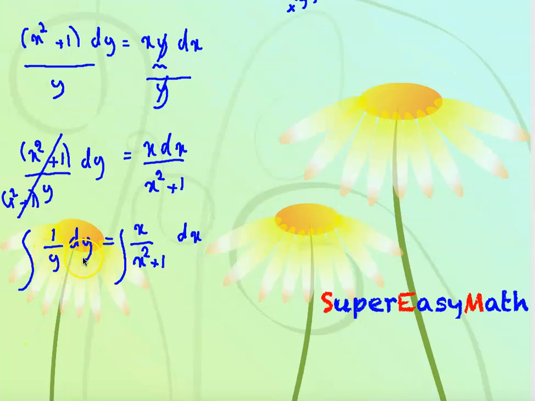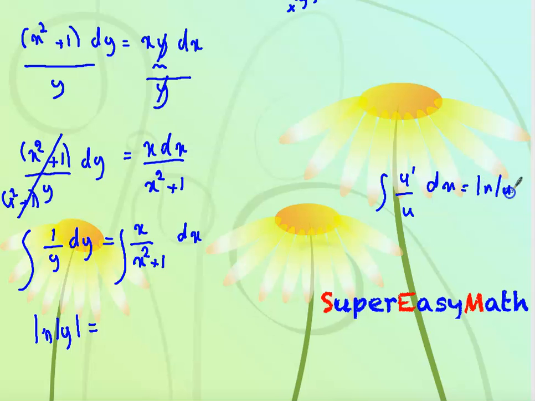Integral of 1 over y dy equal to ln absolute value of y. What about this one? We know that integral of u prime over u dx equal to ln absolute value of u plus c. So suppose that u equal to x squared plus 1, then u prime will be 2x.